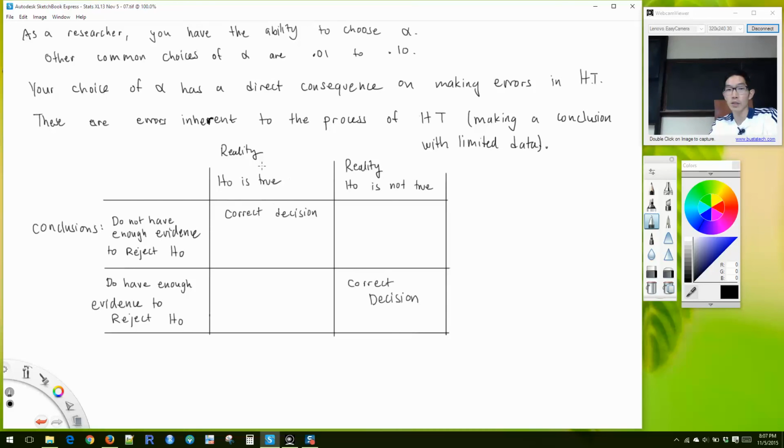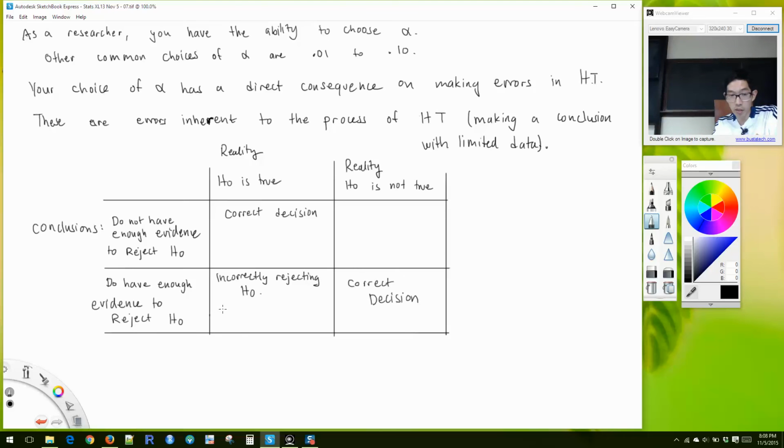Sometimes the null hypothesis is true, but from random sampling you get a weird-looking sample, and it misguides you or misleads you into believing that the null hypothesis is wrong. So this is incorrectly rejecting the null hypothesis.